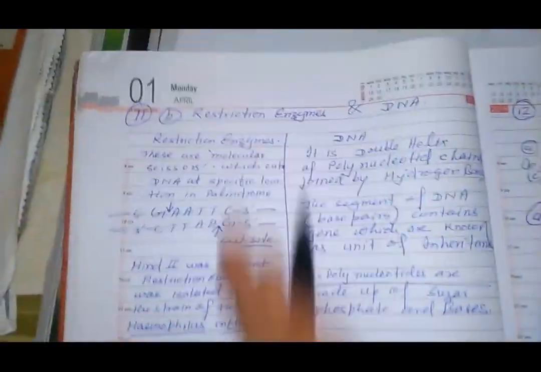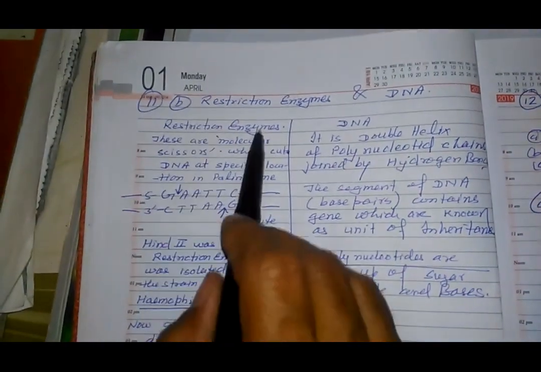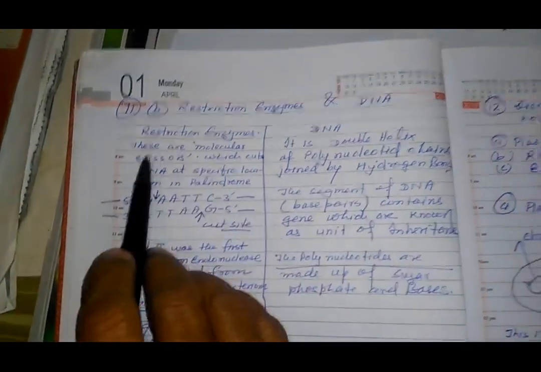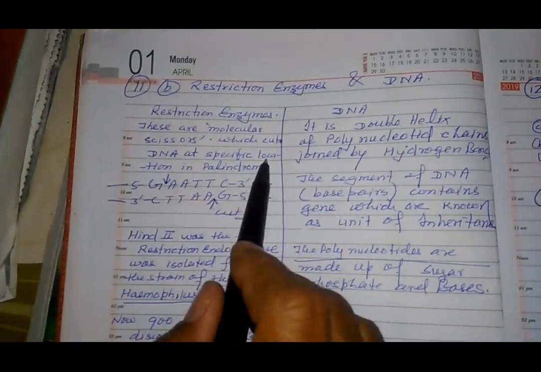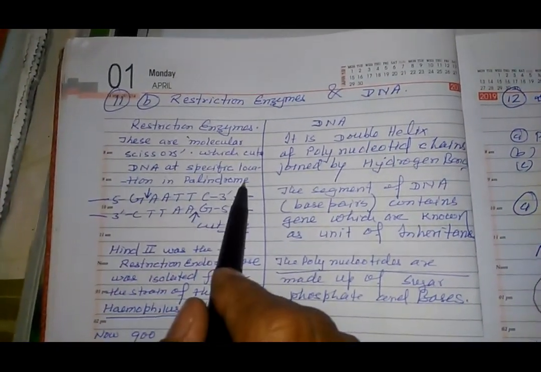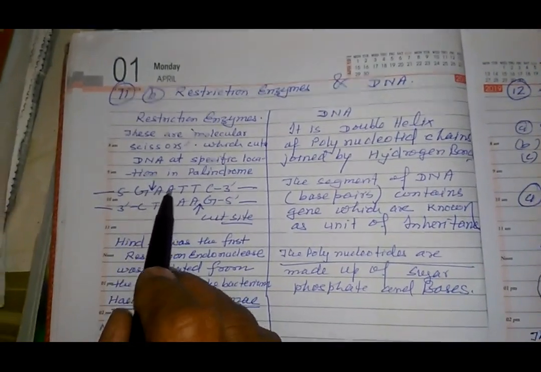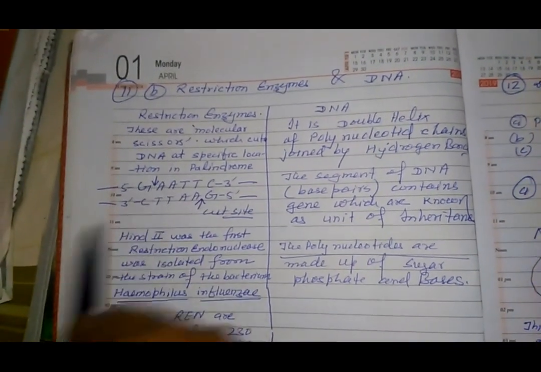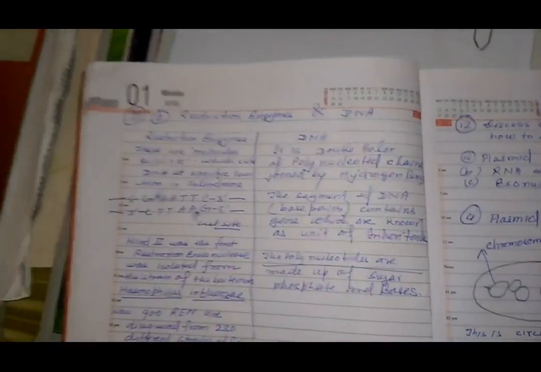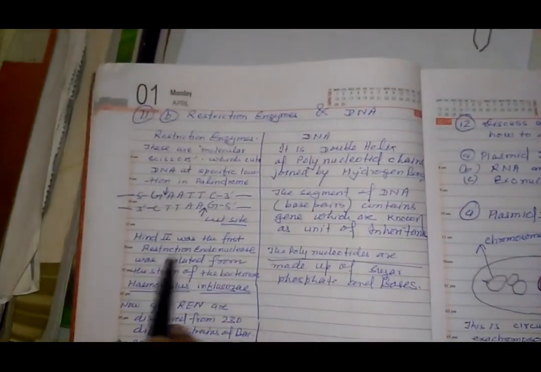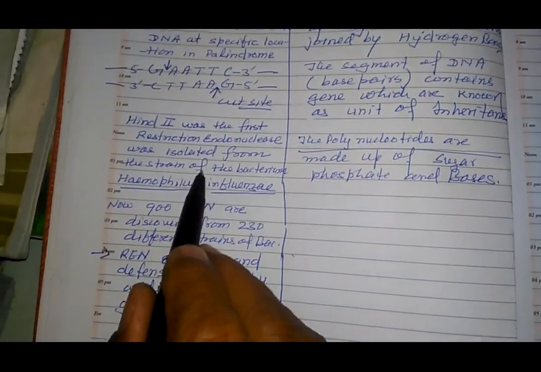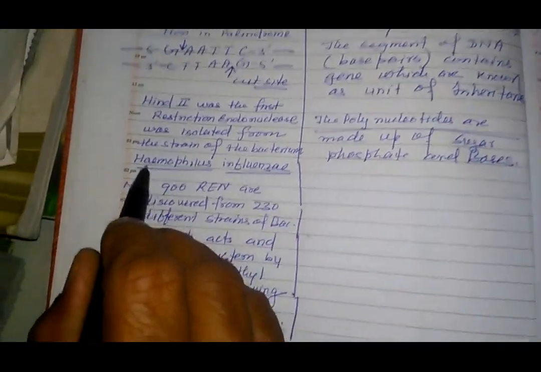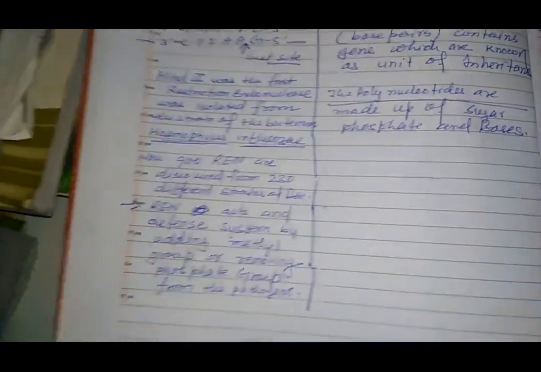So restriction enzymes you can write in this way, separately. These are the molecular scissors which cut DNA at a specific location in a palindrome, like GAATTC, and it cuts at the G site. HindII was the first restriction endonuclease, isolated from the bacterium Haemophilus influenzae.